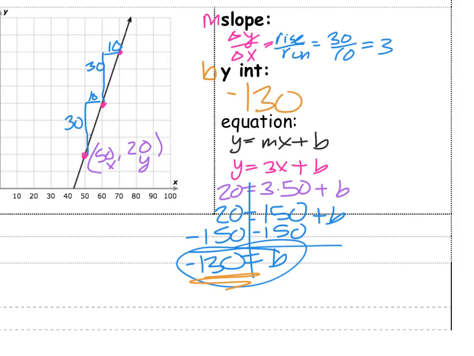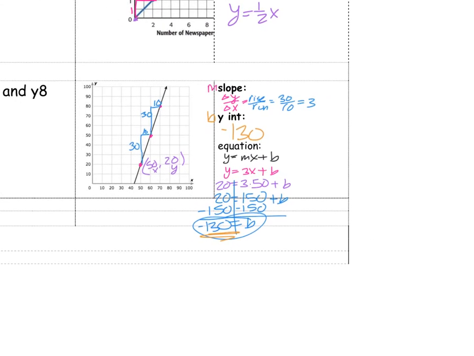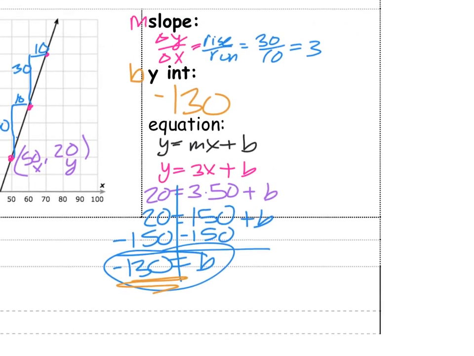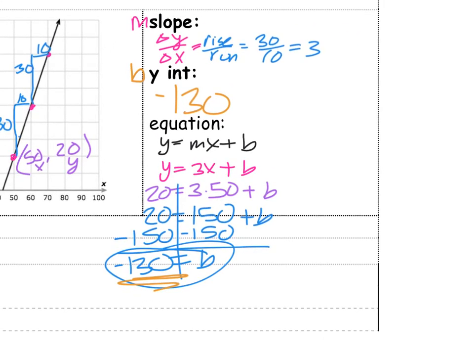If we're looking at our graph, it would be kind of hard to see, right? So that's why we can use those couple of steps to figure out our equation. Then our equation is y equals our slope of 3x, and then our y-intercept of negative 130. So minus 130.